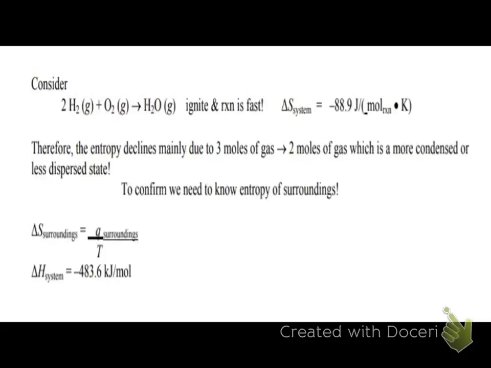Yeah, they said it, but then they didn't write it. Y'all see that? So you're going from 3 to 2, so you're definitely getting more ordered. However, if you look at the delta H value, it's very exothermic, okay, which is going to increase your chances of being thermodynamically favored.